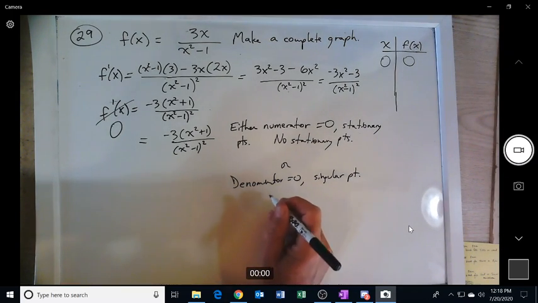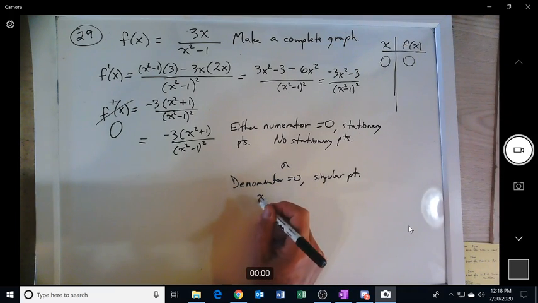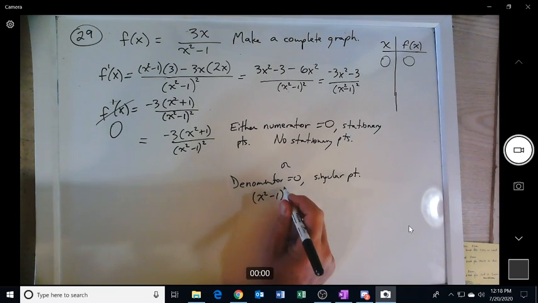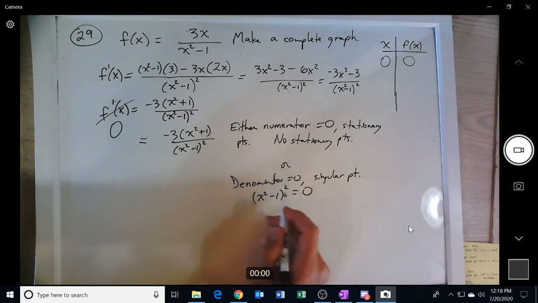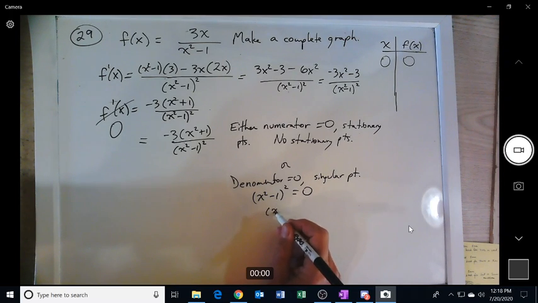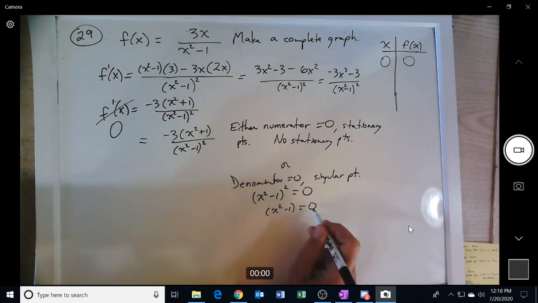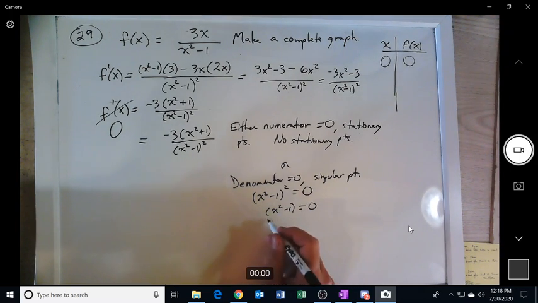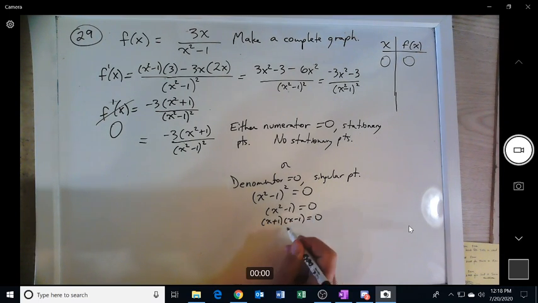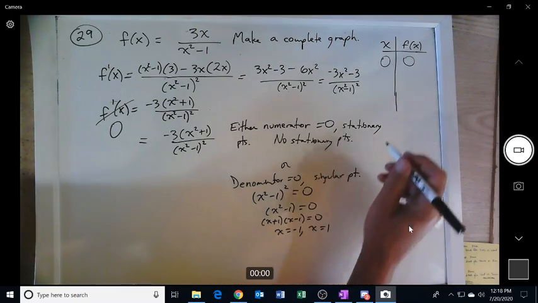But if you set the denominator equal to 0, take the square root of both sides, and then factor this, you get x equals negative 1, x equals positive 1.